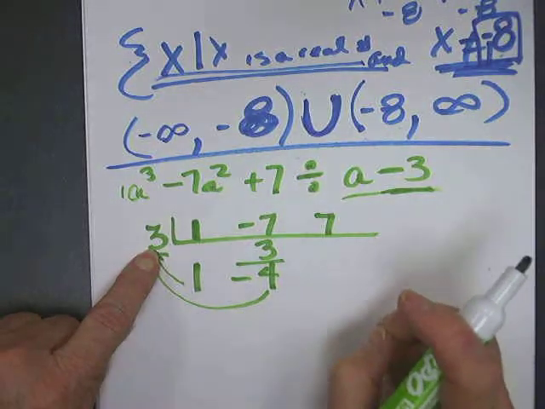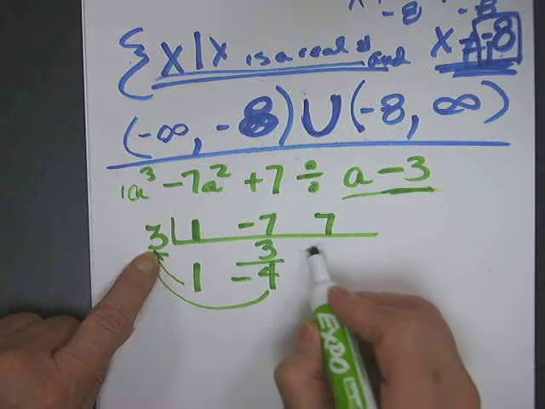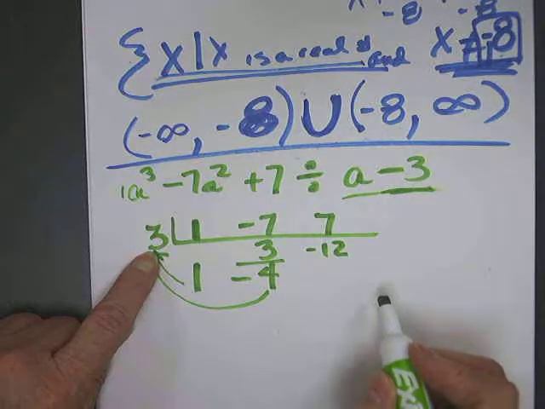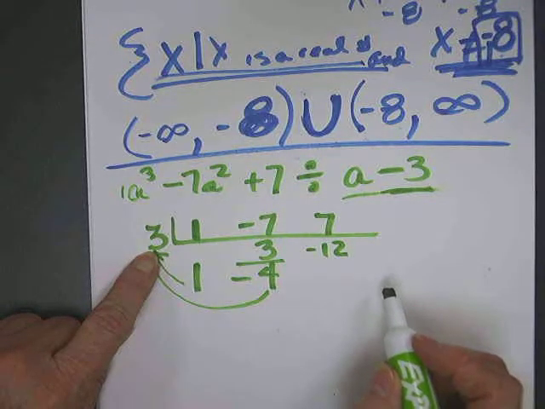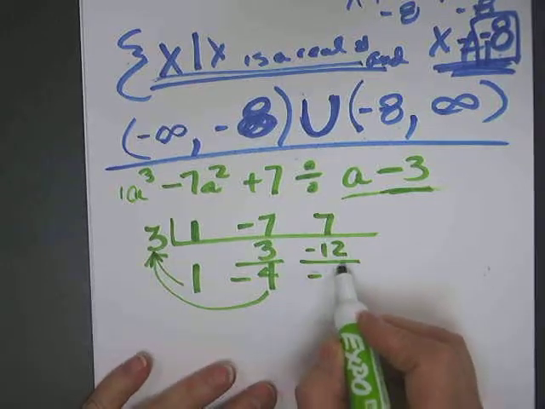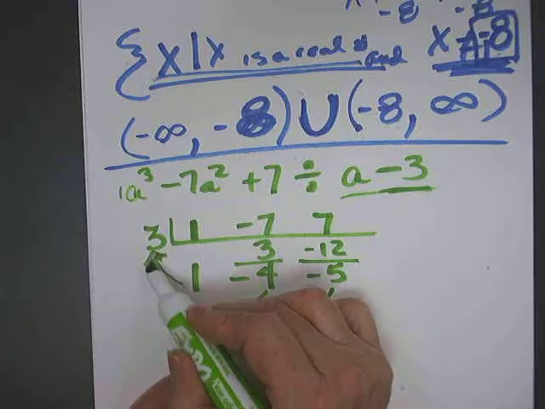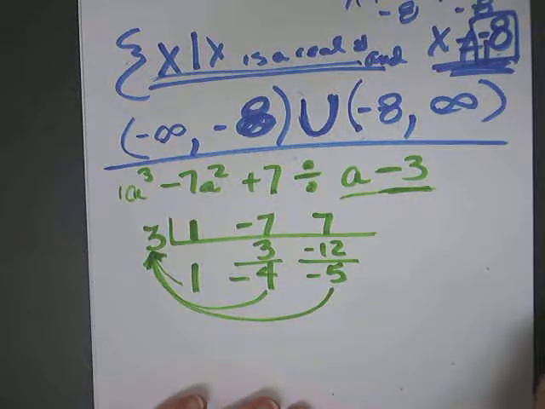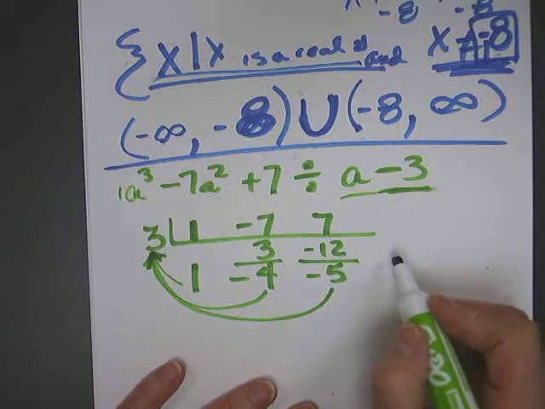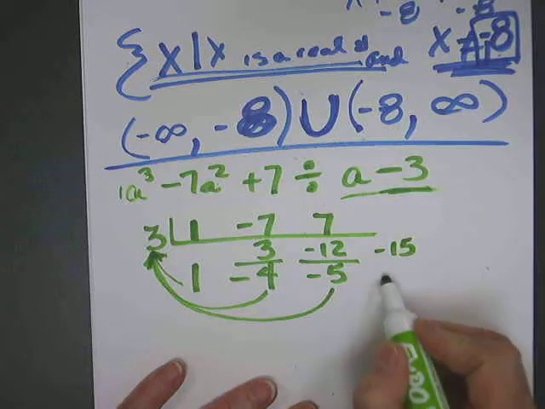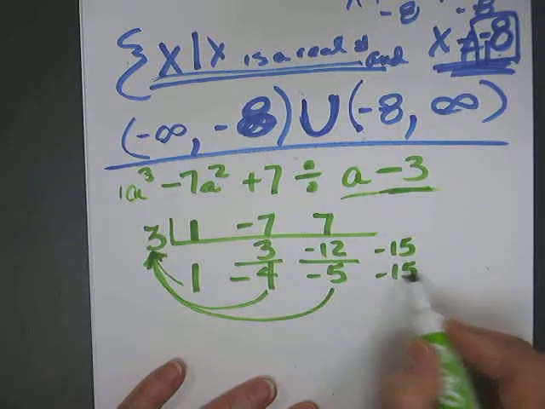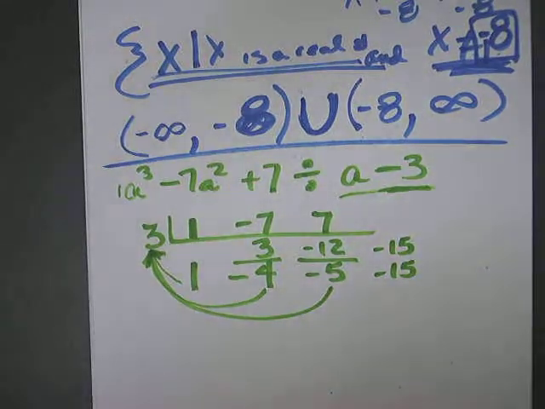Now let's do the one that I had. See if we can get it right. Okay, a minus 3, we're putting the opposite in the front. Opposite of this is a 3. So, coefficients, put your 1, -7 and a +7.